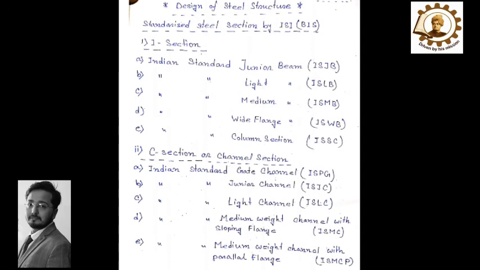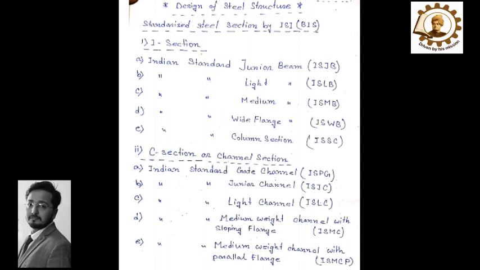In the market, these sections are available with depth criteria. Say if we want to buy Indian Standard Medium Beam, that means ISMB, we have to specify the depth of that section also. The various depth criteria are mentioned in SP6 part 1.